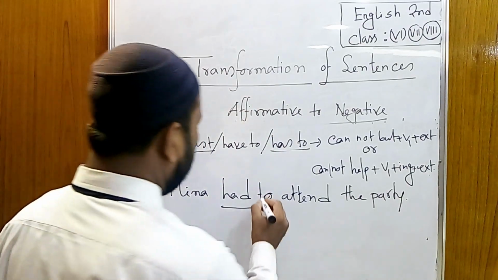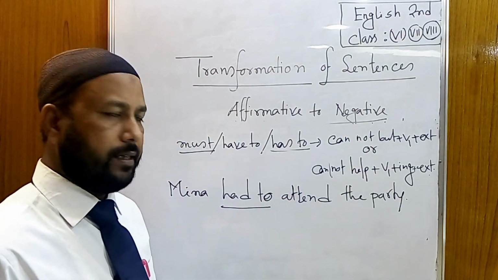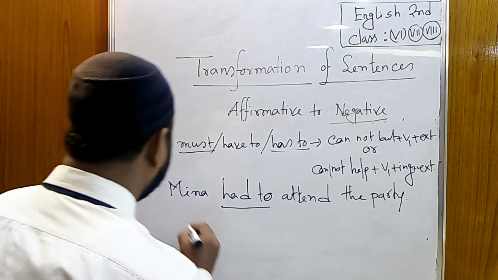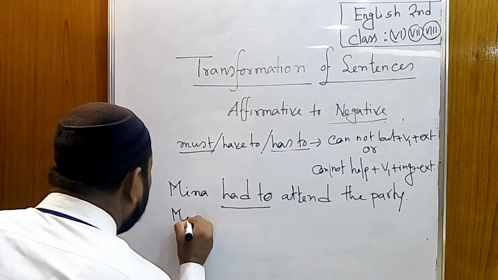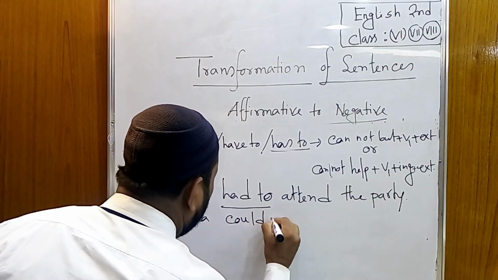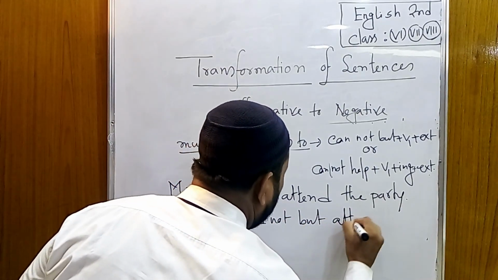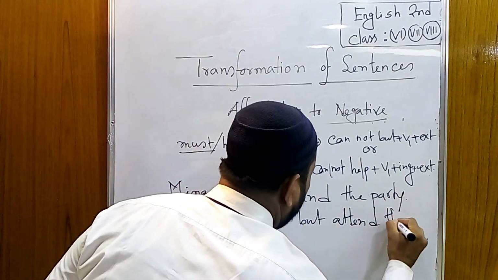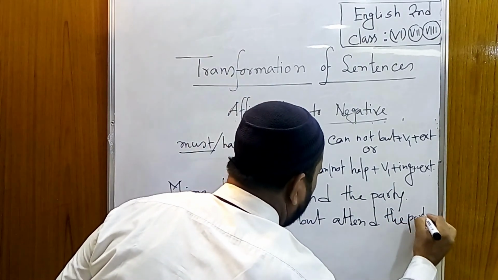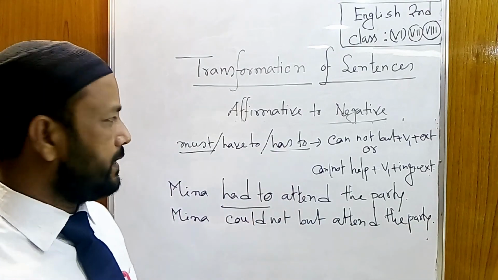Just I give the solution of this sentence. Just look at here. Meena could not but attend the party. What is the difference between two sentences?